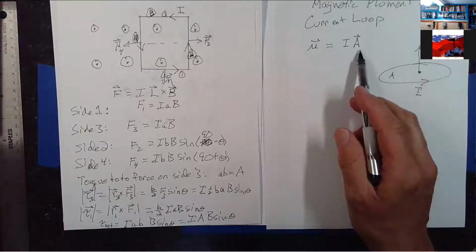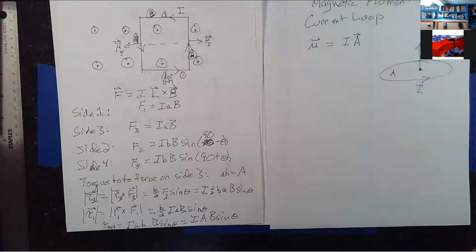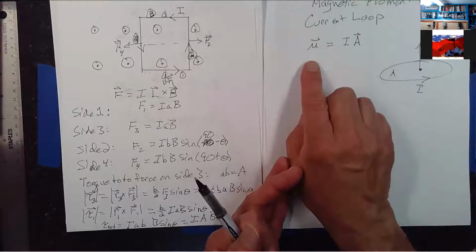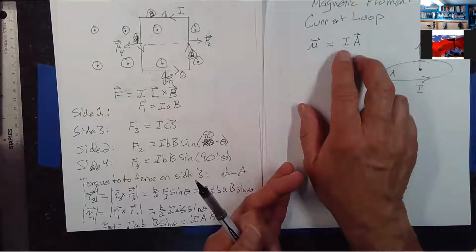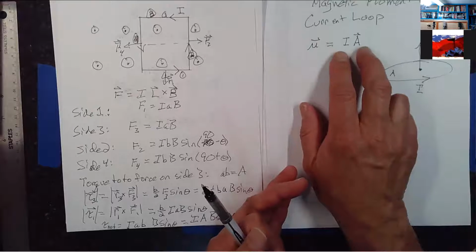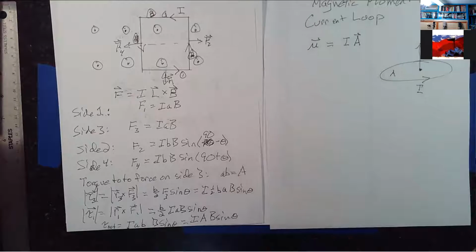You can just think of mu as a vector having a magnitude of I times the area of the loop, and its direction is determined by that right-hand rule. This is, I think, just our second use of the right-hand rule. First was for the cross product.